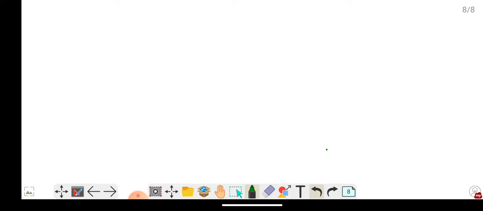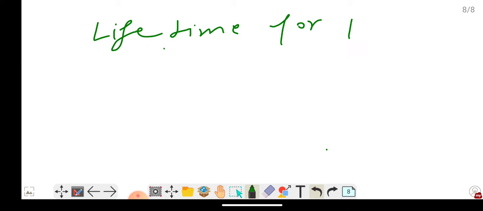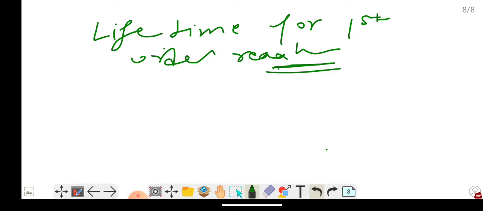Now let's calculate the total lifetime for first order reaction. We have discussed the lifetime for zero order reaction. It is twice of half-life.